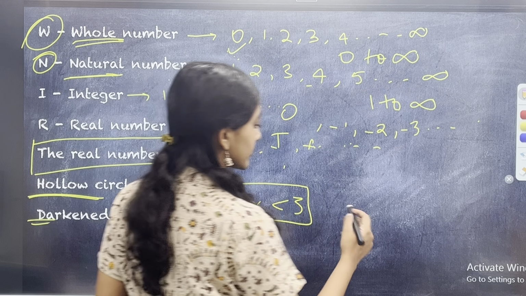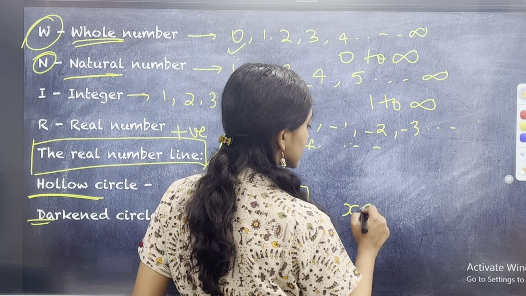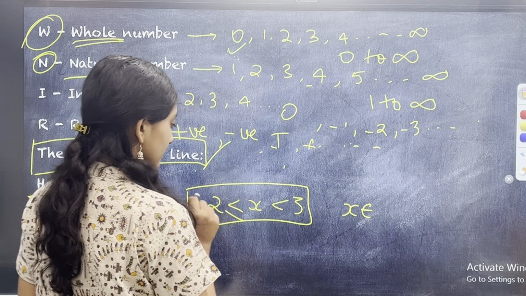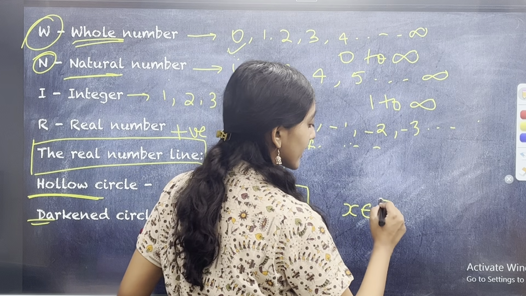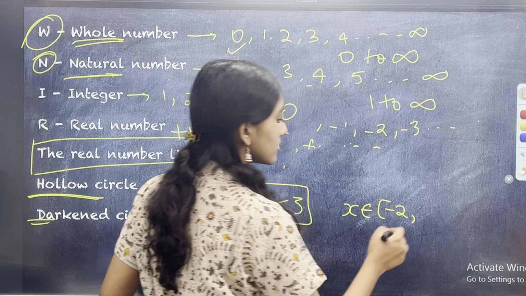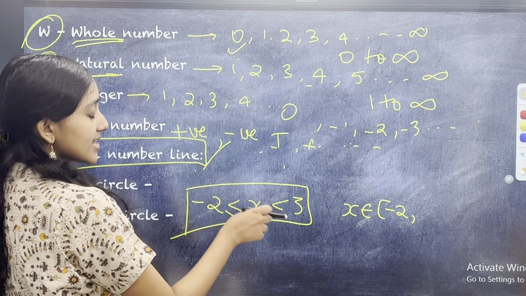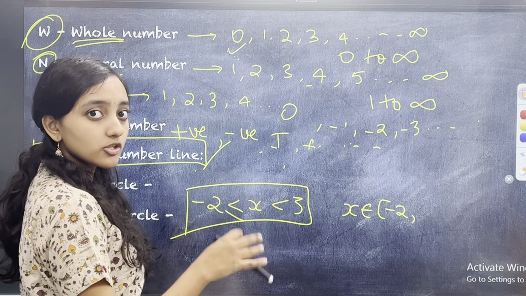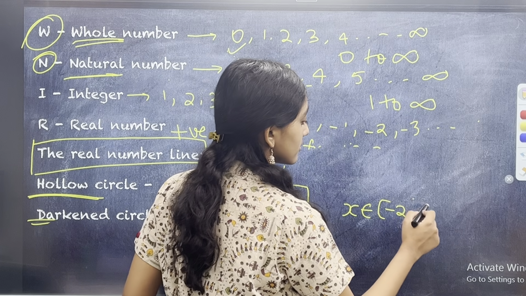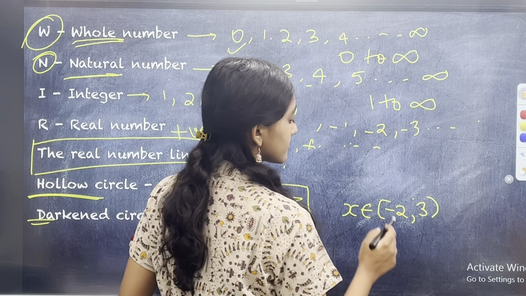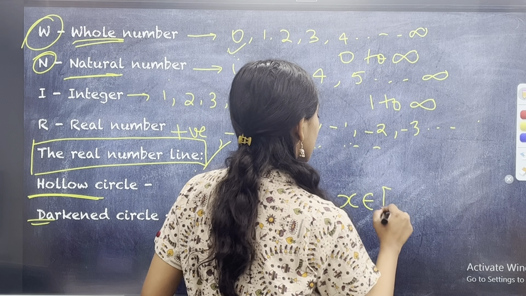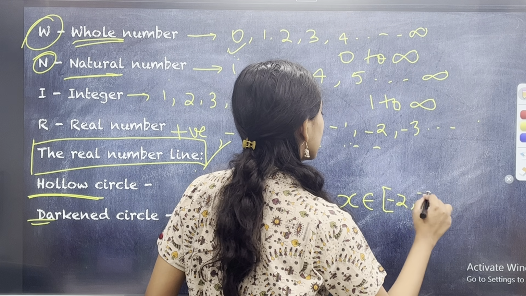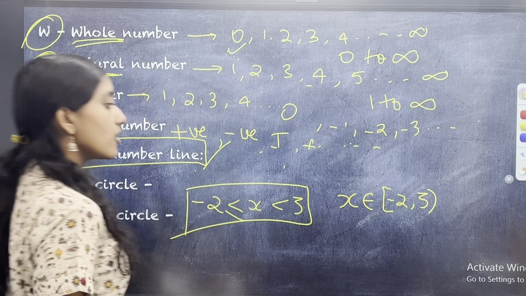But there's one more way of representing it. -2 is less than or equal to x, matlab square bracket, -2. Less than 3, not equal to but only less than 3, so 3 and then this round bracket. So basically x belongs to [-2, 3). This is how you will represent it.